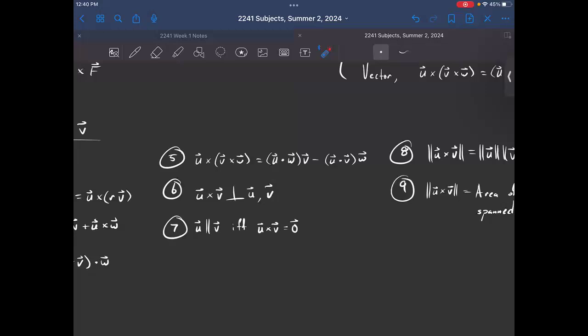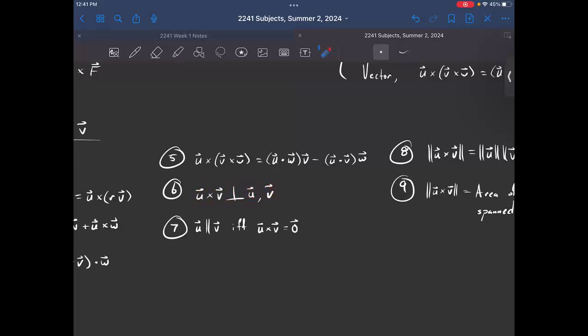All right, and then number 6 here is where we start to get into some more geometric properties. So this says that the cross product of u and v is orthogonal, perpendicular, to the vectors you used to make it, u and v.